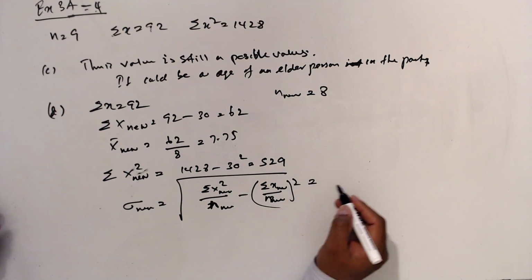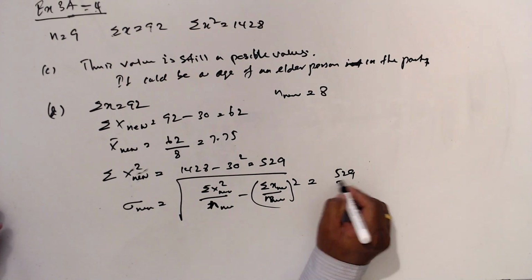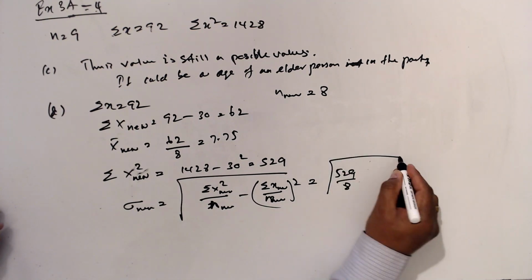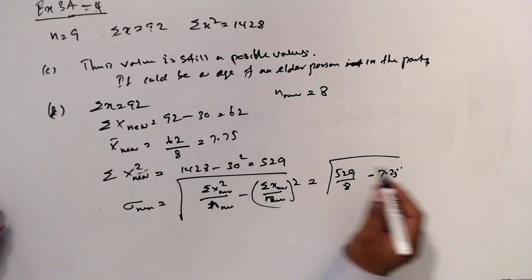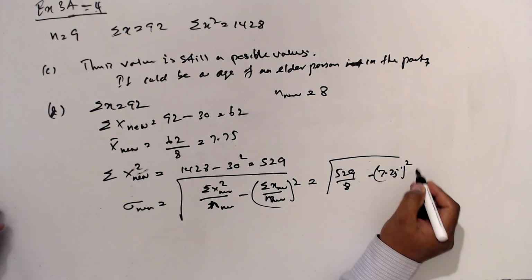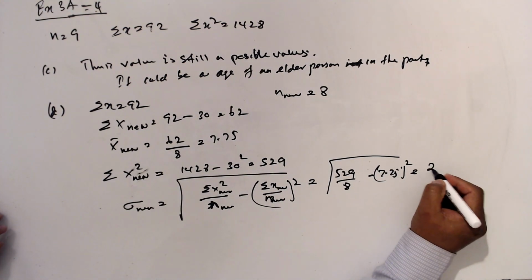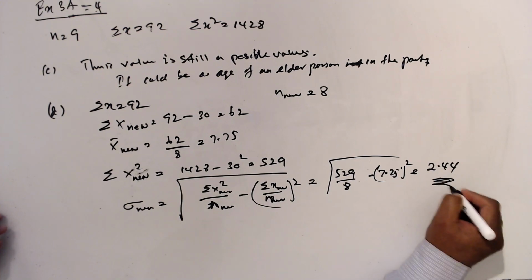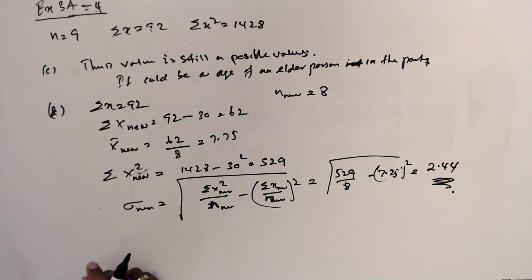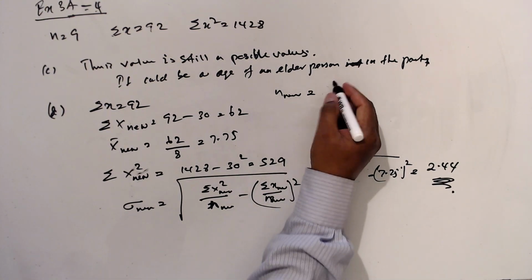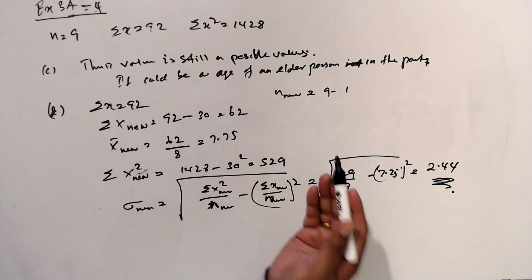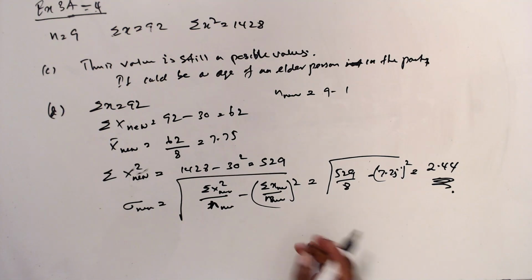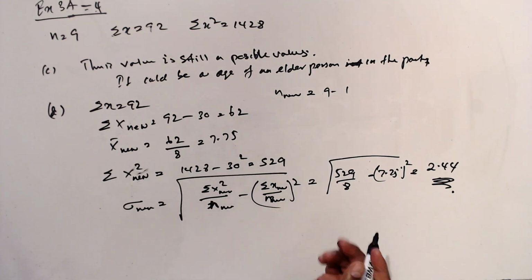That is going to be 528 over 8 minus 7.75 squared. So this value is going to be 2.44. I used 9 minus 1 because we took the 30 data value out, since it's an outlier. So we cleansed the data.